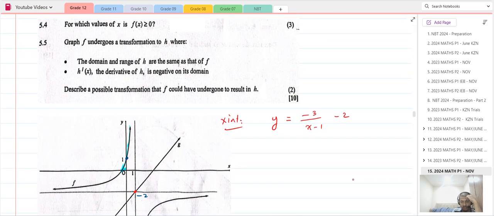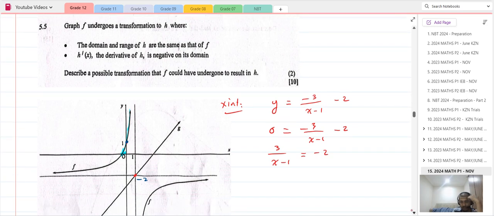We want to solve for the x-intercept, so make y 0. So we got 0 equals negative 3 over x minus 1 minus 2. Take this whole thing over. We got 3 over x minus 1 is equal to negative 2.